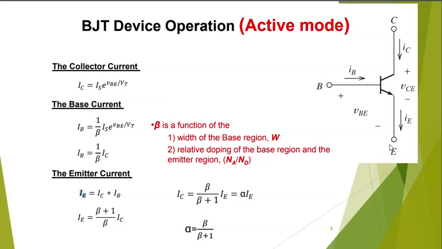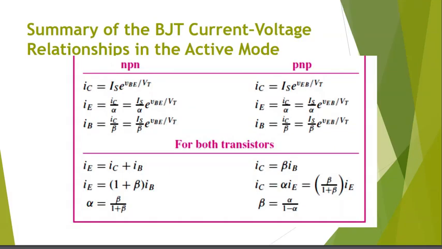As simple as that. We are going to solve problems to make sure that you understood it, but now I just want you to understand the basics of the operation. Here in this table, I have plotted a summary of the BJT current-voltage relationships in the active mode.